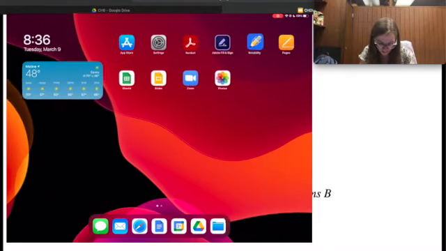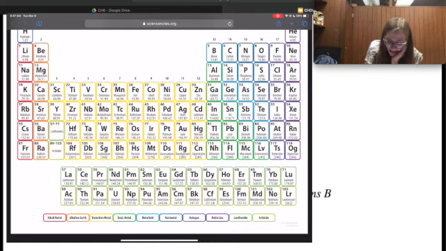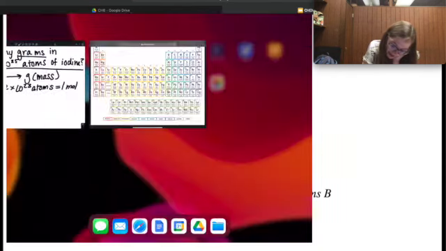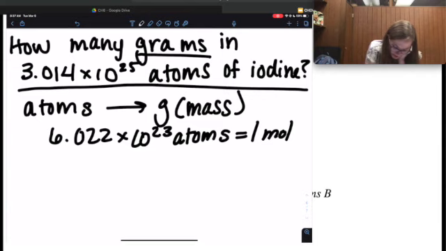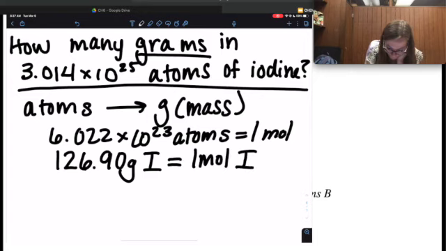And in this case, if I have iodine, the molar mass is 126.90. So that's going to be number 53 on your periodic table, 126.90 grams of iodine for every 1 mole of iodine.